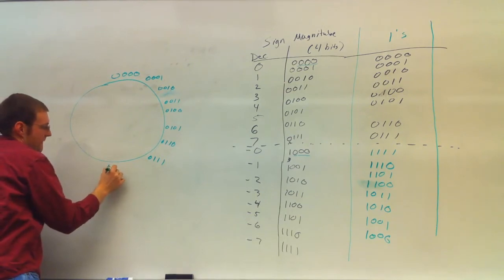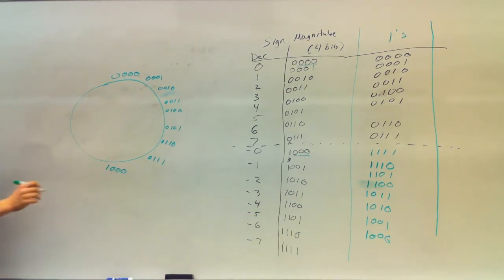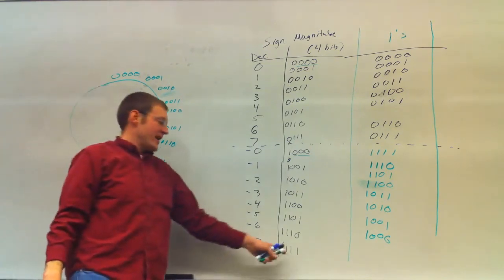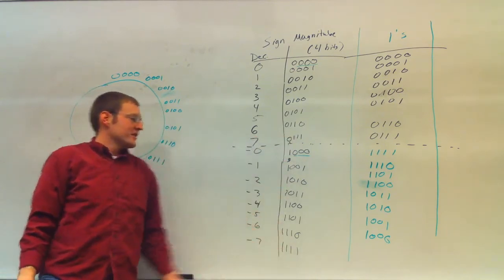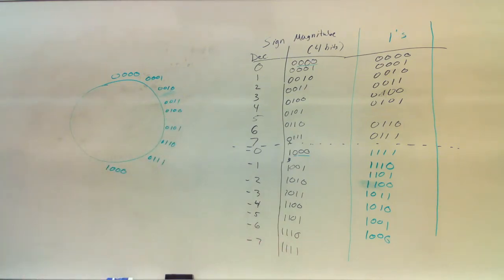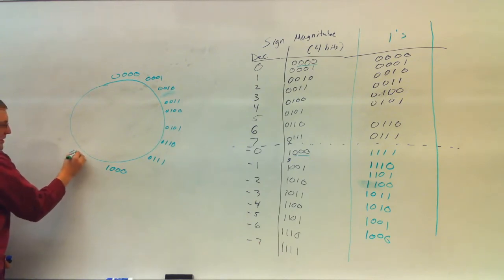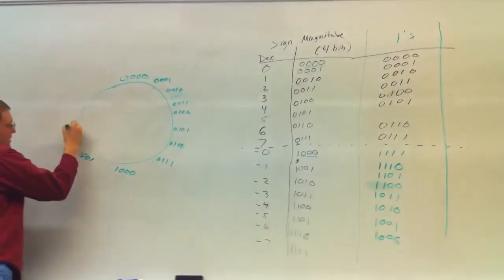All right. So there's more than one way to represent negative numbers. That's basically what we're showing here. The first way was we just put 1 in front of the number. And here we can't do arithmetic with sign magnitude, so we had to create a different notation.